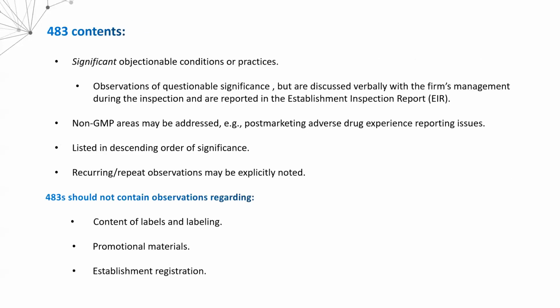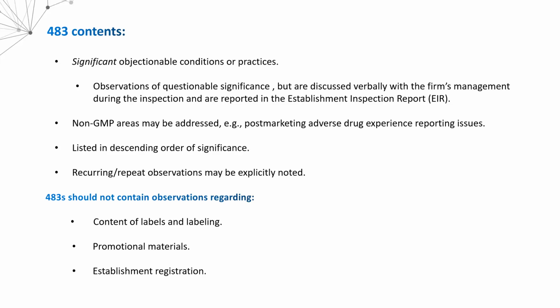So what are the contents of 483? The significant objectionable conditions or practices will be given as 483s. It also has observations of questionable significance, which are discussed verbally with the firm's management during inspection and are reported in the establishment report. Non-GMP areas, such as post-marketing adverse drug experience reporting issues, may be addressed and are listed in descending order of significance.